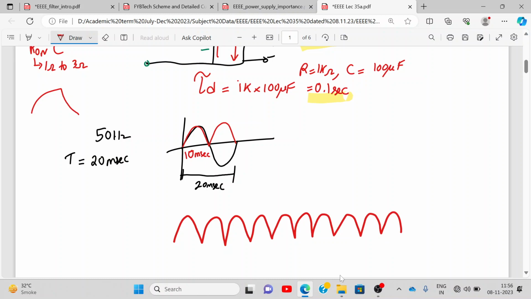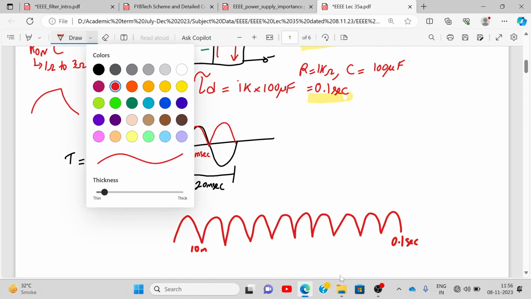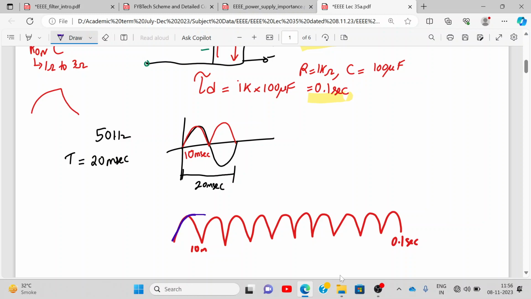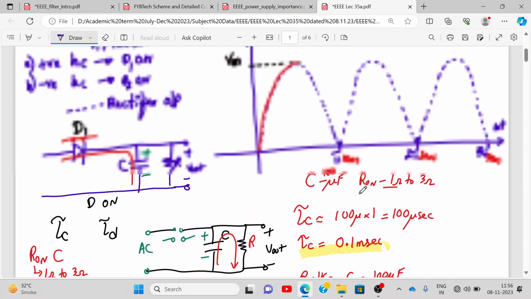Ten cycles means 0.1 second, right? So the capacitor voltage will completely discharge after 5 cycles, which is quite rapid. The charge on the capacitor will be over after 0.1 seconds.